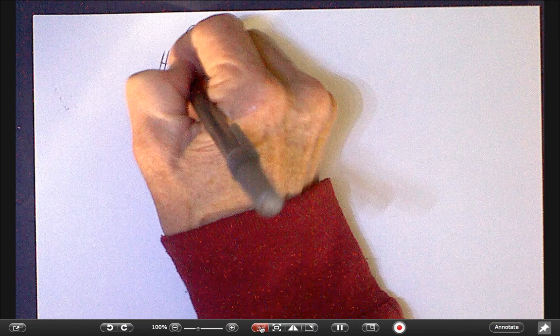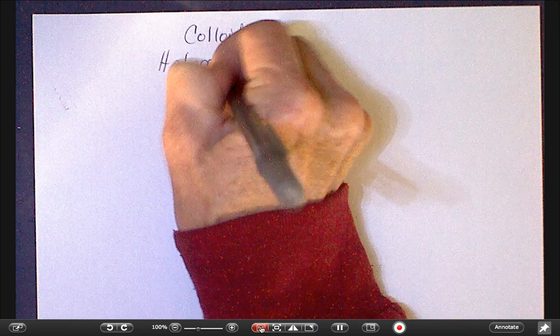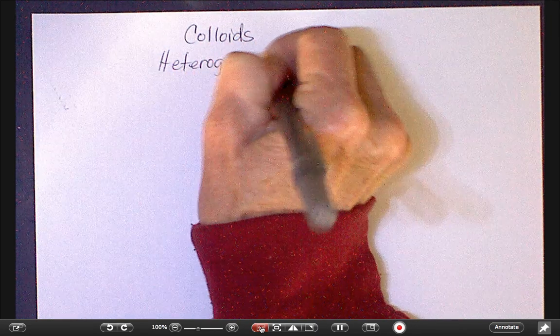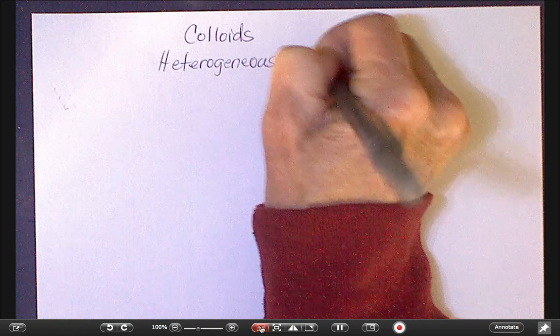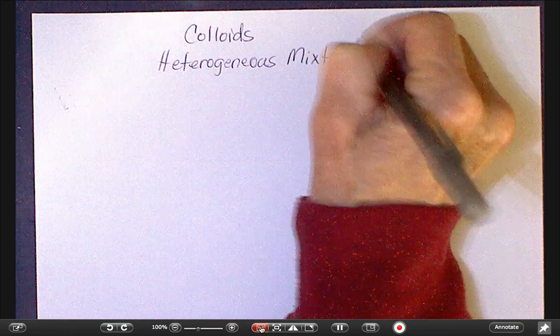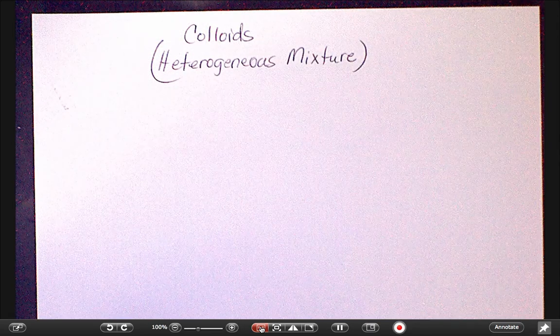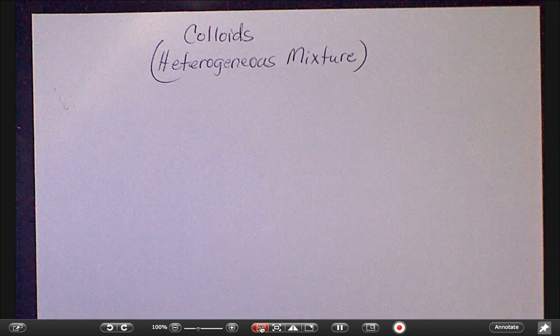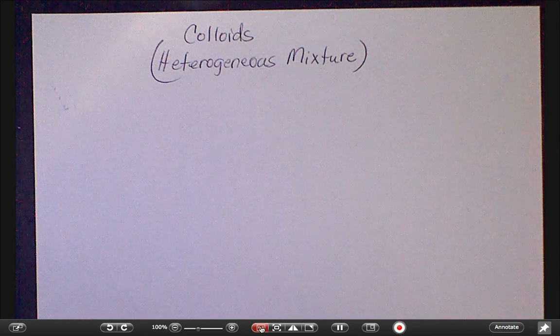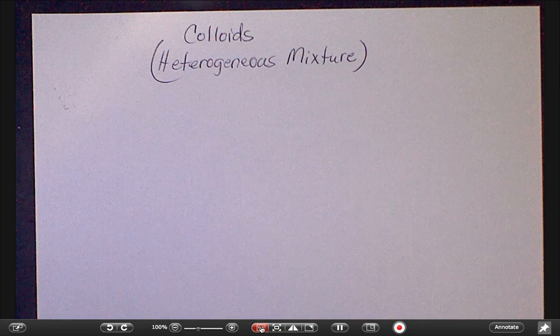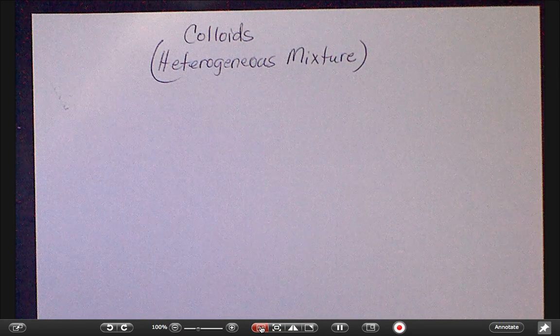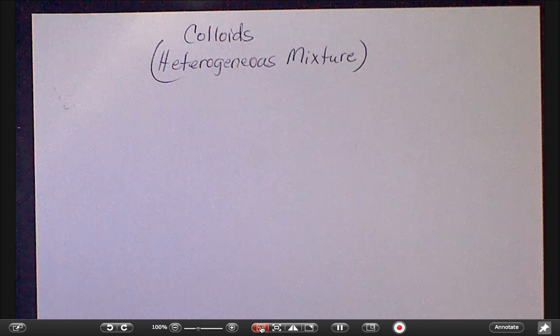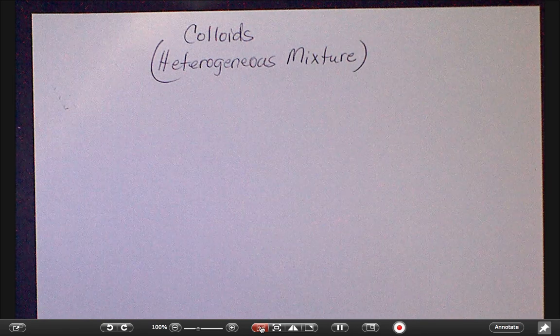And it's also a heterogeneous mixture. Okay, so if we recap, solutions were what kind of mixture, kids? Those that were here yesterday. Homogeneous. Now then, colloids and suspensions are both what?